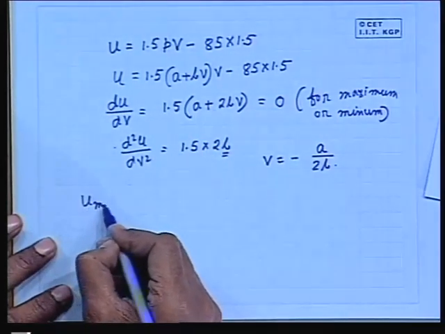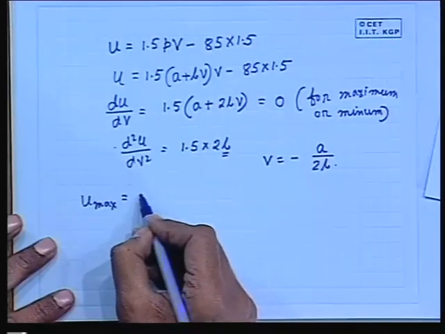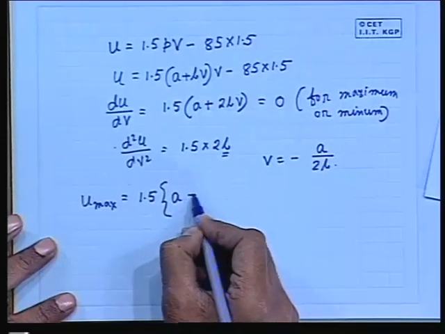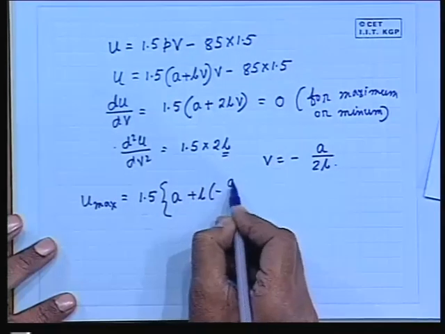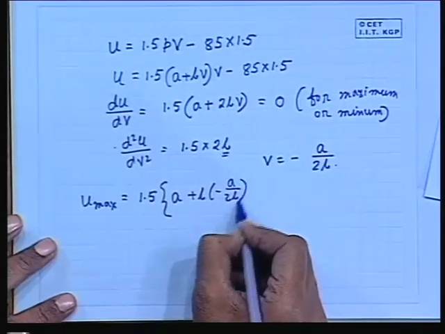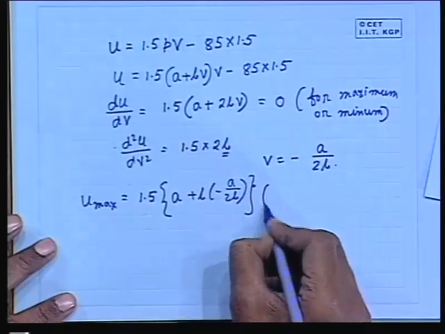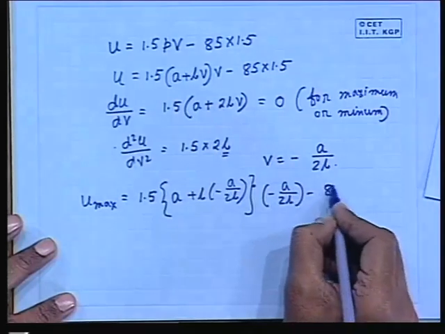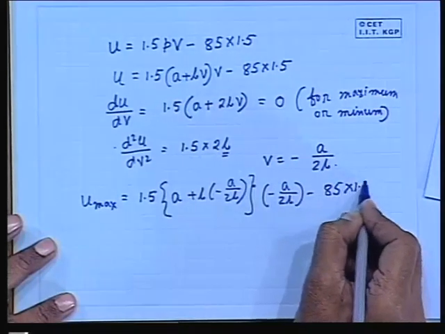U max is equal to 1.5 into A plus B, school level thing, please, again V, minus A by 2B, minus 85 into 1.